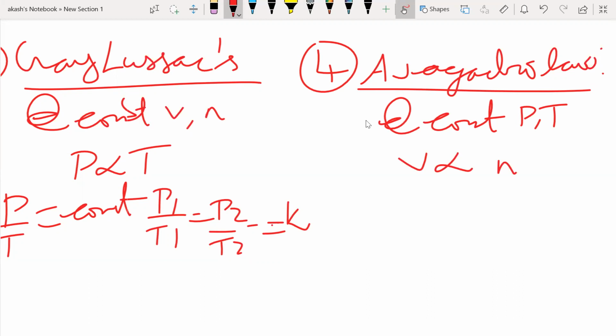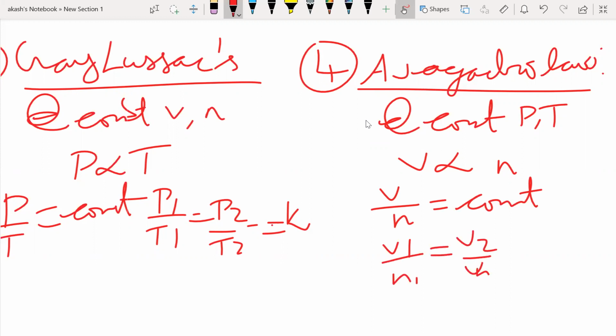Obviously, it's pretty straightforward, isn't it? More and more is the amount of the gas, more and more will be the volume, given that the pressure and temperature are constant. So again, V by N or N by V is constant, or I can say V1 by N1 equal to V2 by N2 is some constant K.